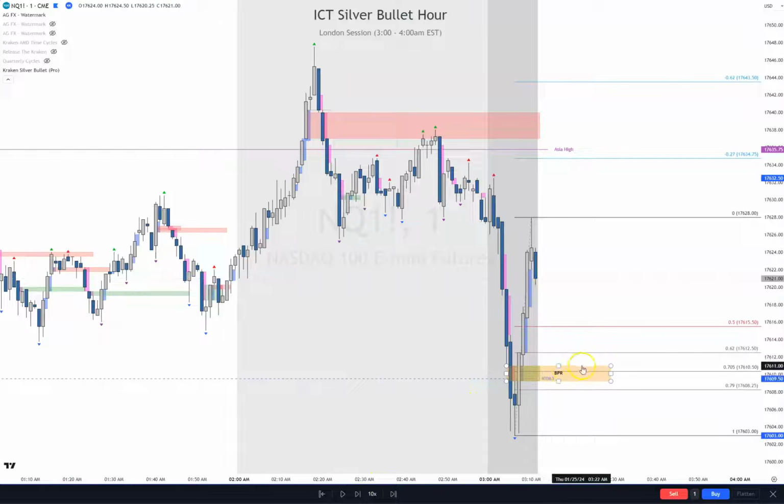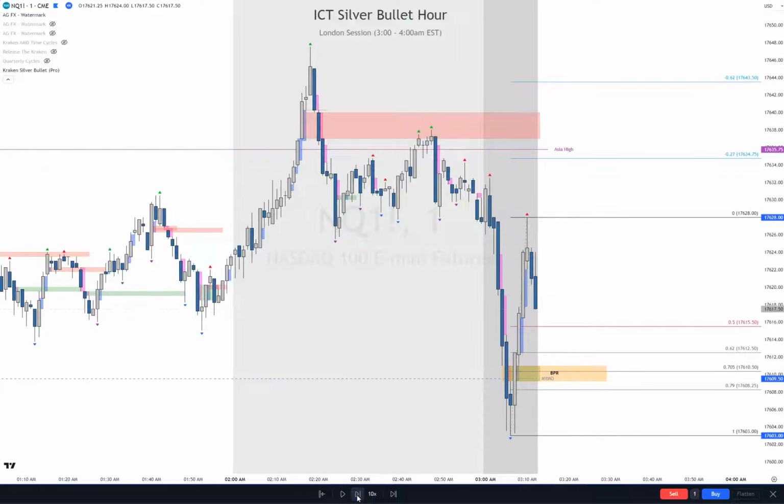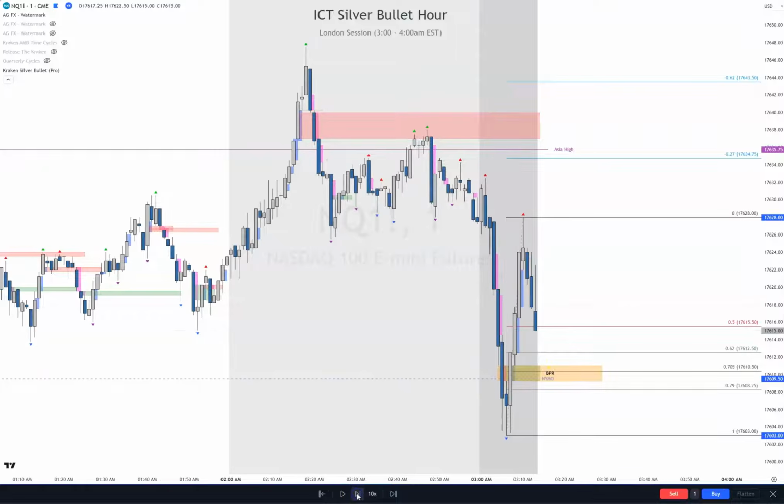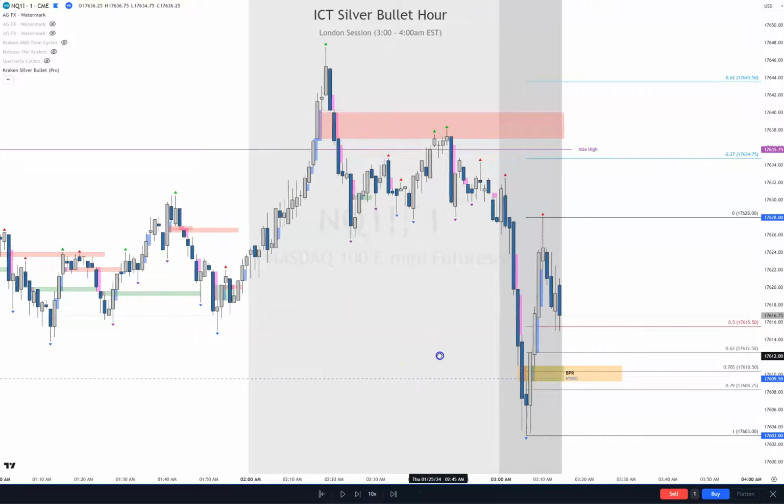I'm not just going to put a limit order here, and I'm not just going to sell here. So I need to see a little bit more of what's going on. Now, I do have reasons to go higher in here that I'm not discussing right now. So ideally, I'd like to go long from down here, but I want to see price react from there first. Move this over a little bit.